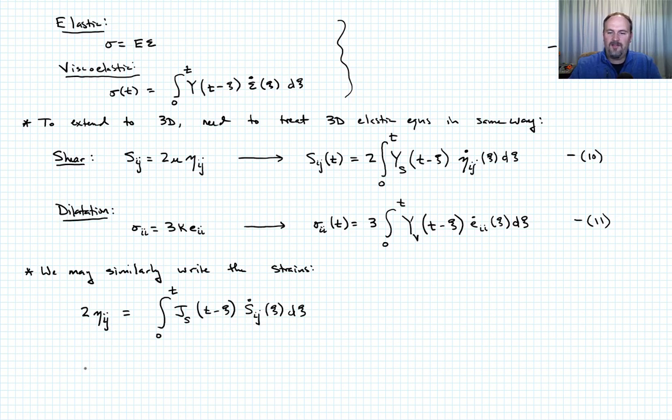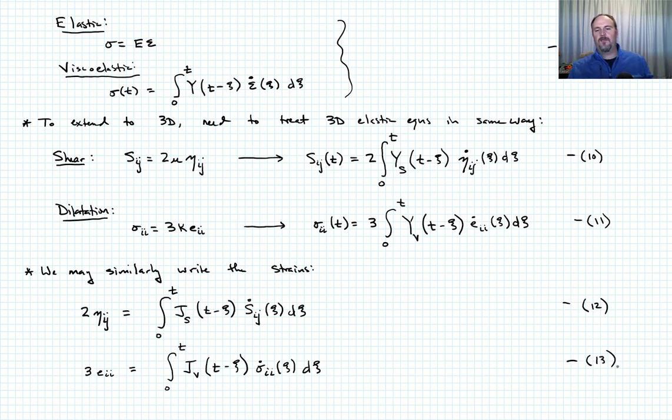And similarly, we could have that 3 epsilon ii is equal to the integral from 0 to t of J, and now this is a volume creep compliance, t minus c, and then this is sigma ii dot of c, dc. Let's call those equations 12 and 13. So that's the extension to 3D.